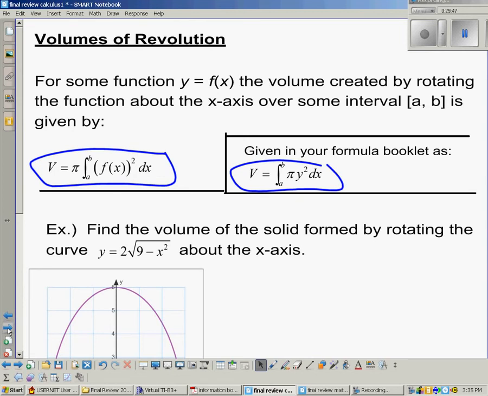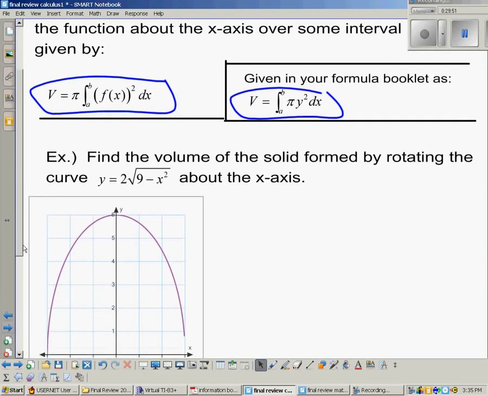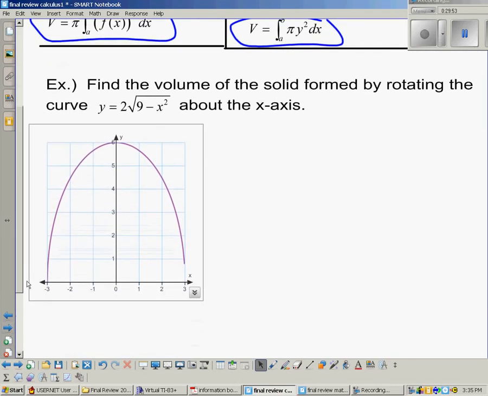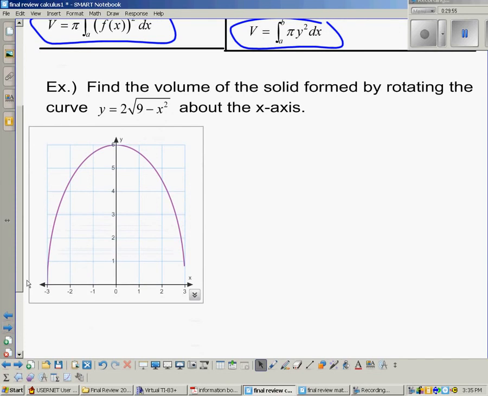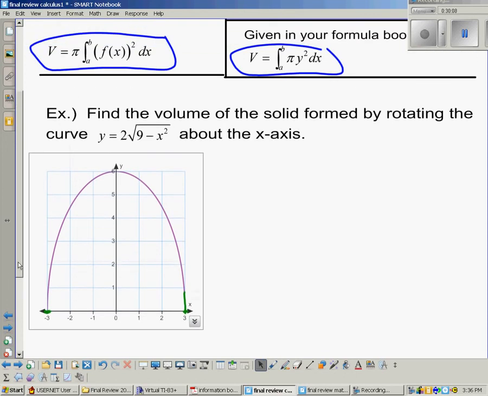Find the volume of the solid formed by rotating this curve about the x-axis. It should touch the x-axis right here at 3, so the whole thing exists from -3 to +3. I kind of like this version over here, but either one's fine.